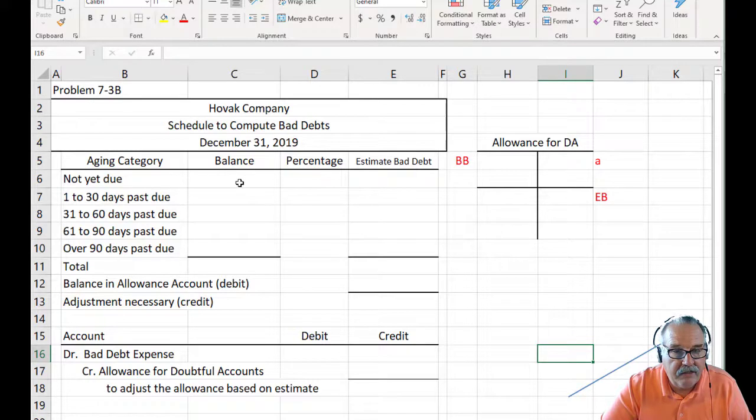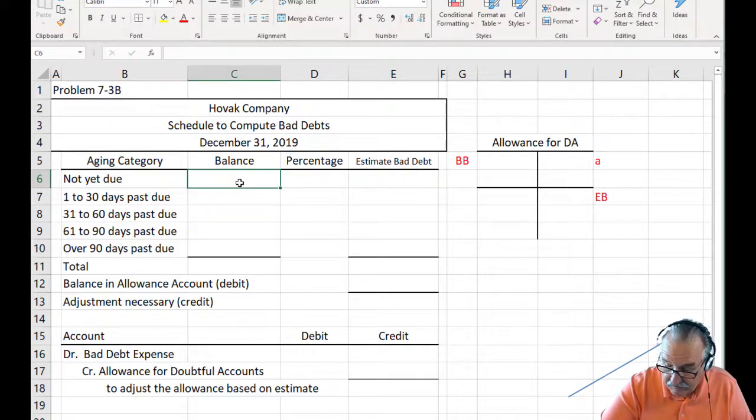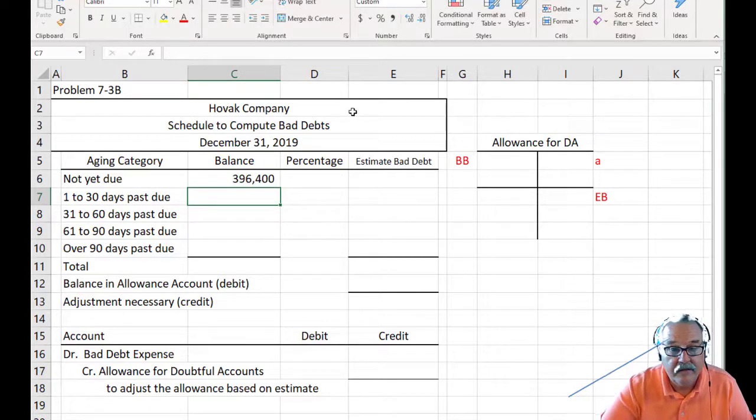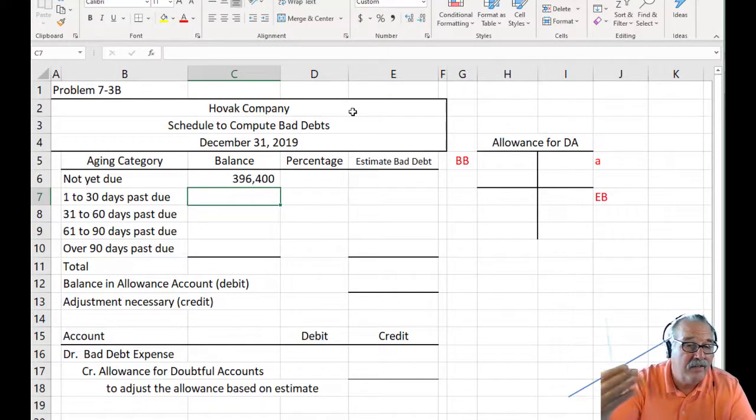So if we have in our first category, not yet due, that's 396,400. Our 1 to 30 days past due, in other words, if our terms are net 30, and most companies have terms of net 30, now these in this category, 1 to 30 days past due, is in the 31 to 60 days from the date of the invoice.